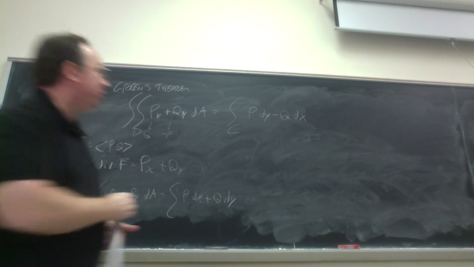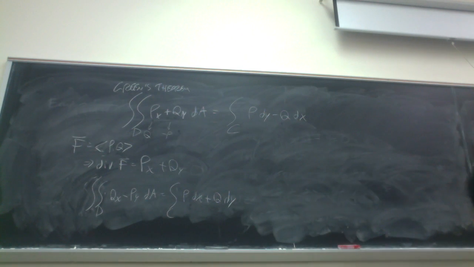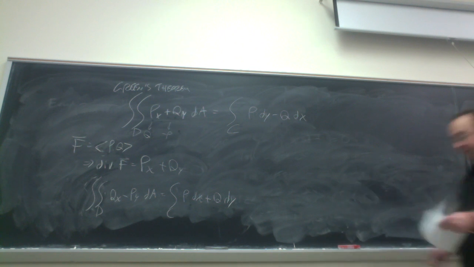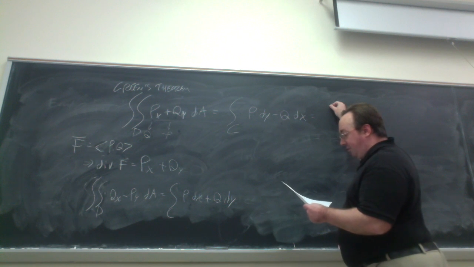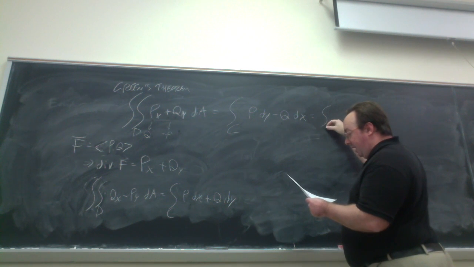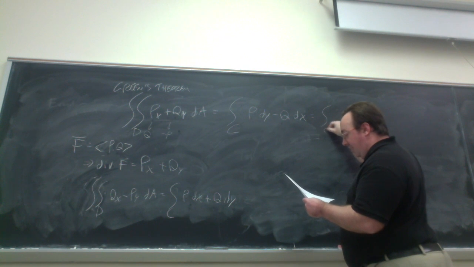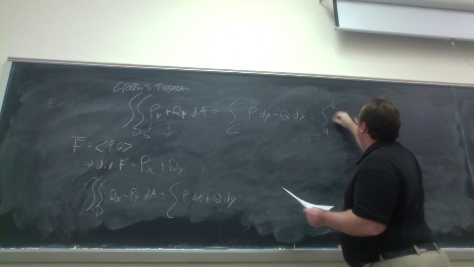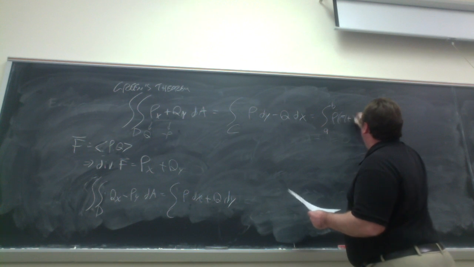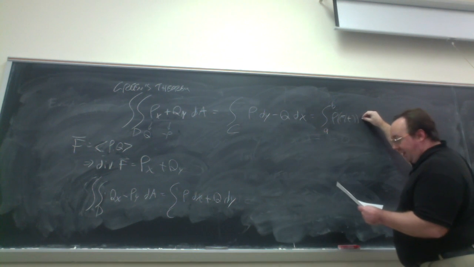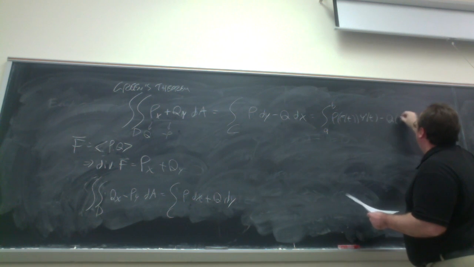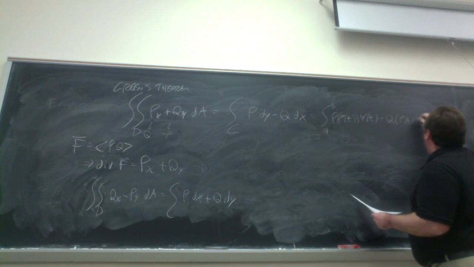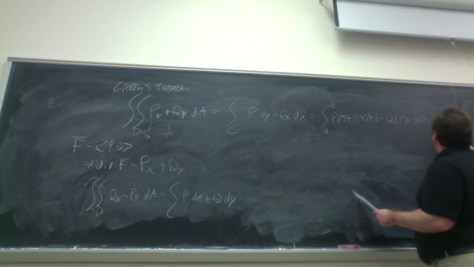Okay, so this is a different sort of line integral. This is not the circulation of F around C. So if I write this in parametric form, then what I get is P of my parametric equations, and then I have y prime of t minus Q of r of t, x prime of t, dt.